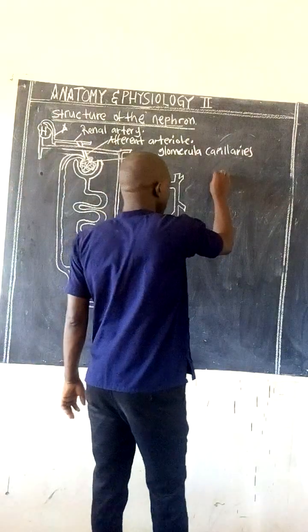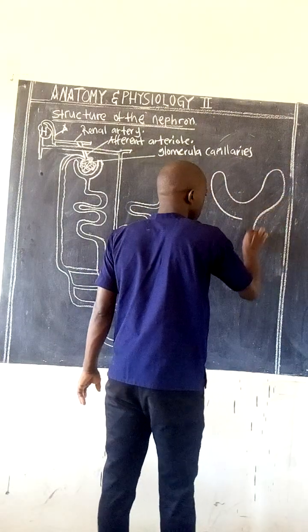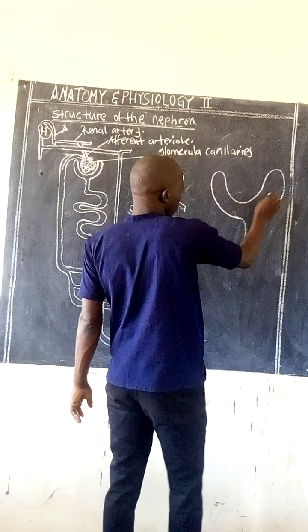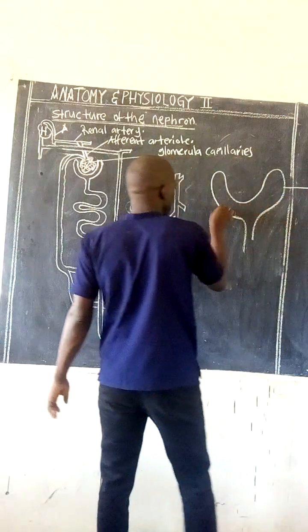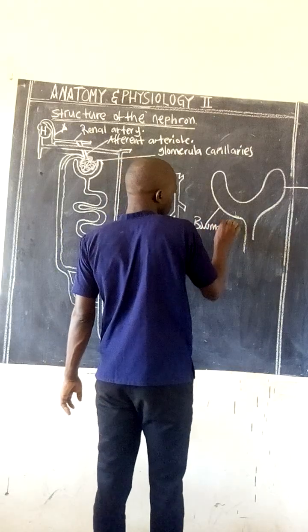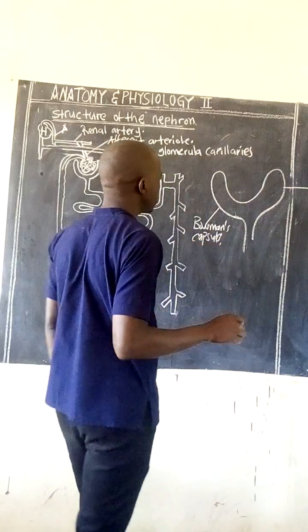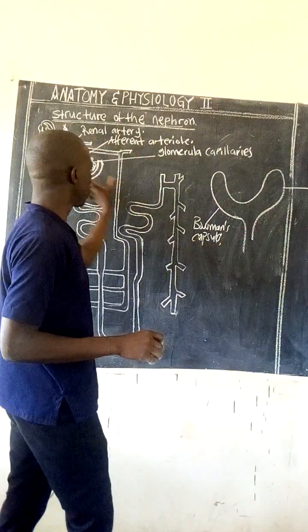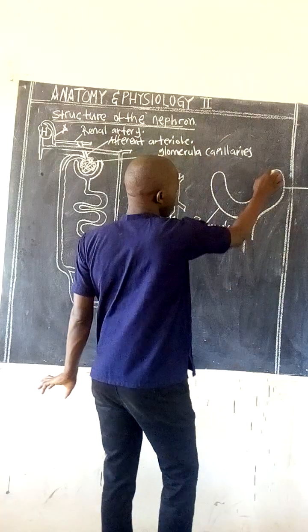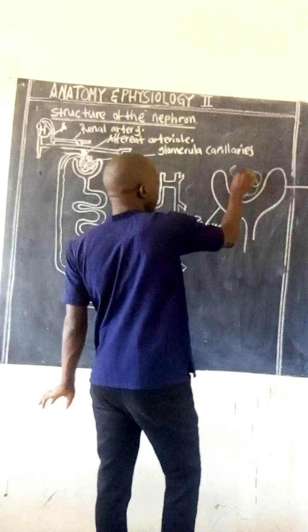So our closed end is this here, something like this. This is what we call the Bowman's capsule. So it is this one here, and the Bowman's capsule is closed. That's why we are having the capillaries.